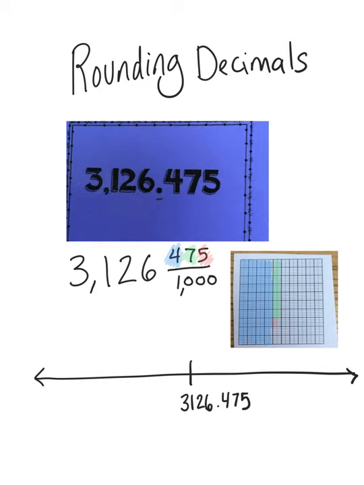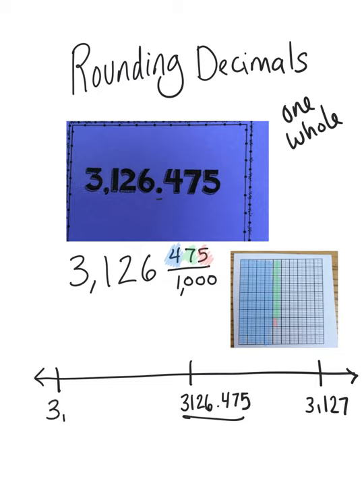If I were to round this to the nearest one whole, I would be trying to decide if this number was closer to 3,127 or closer to 3,126. If I were to round this number to the nearest tenth, then my number line is going to change a little bit.